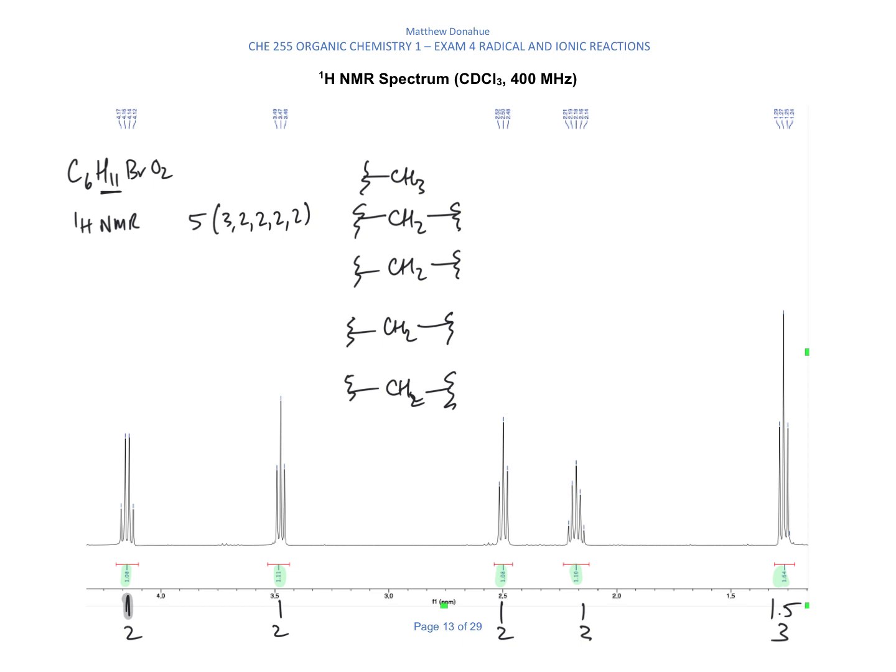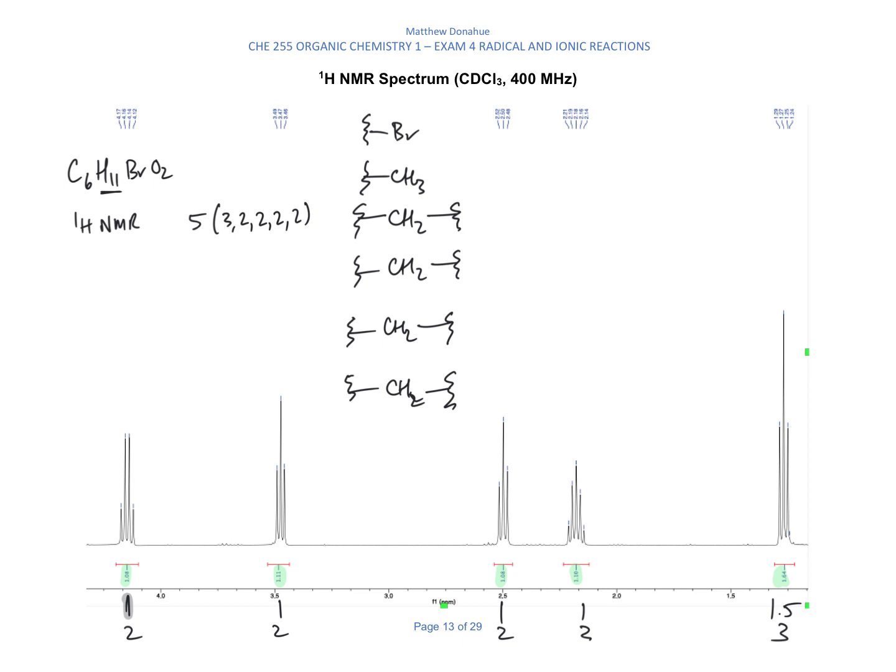And so those are those fragments. And don't forget your other fragments. You had a bromine. So this bromine is obviously going to be bonded to a CH2 at some point. So maybe we can just go ahead and do that.